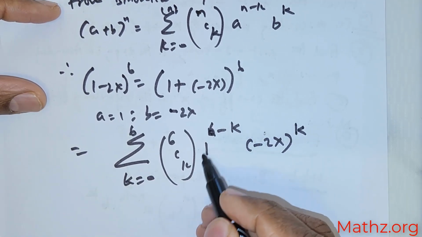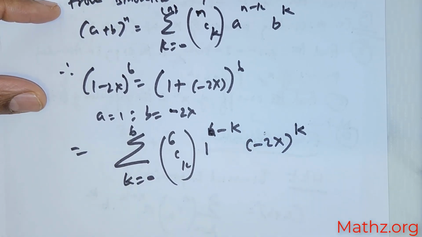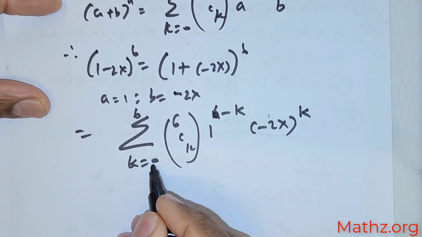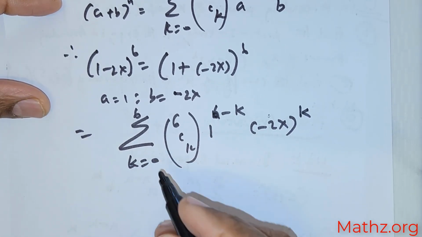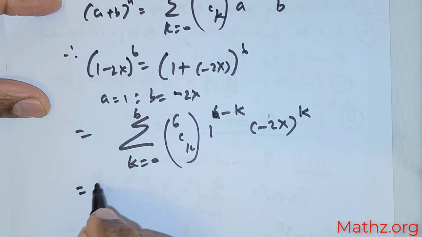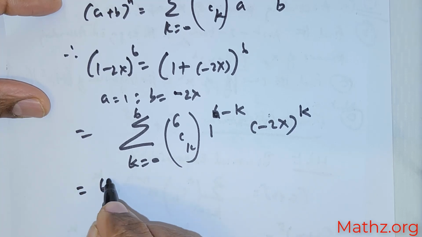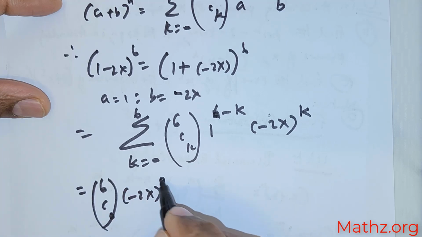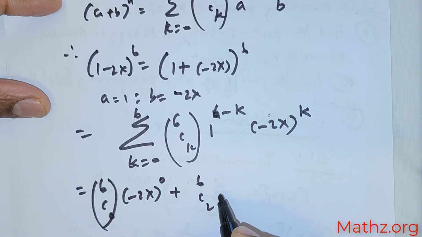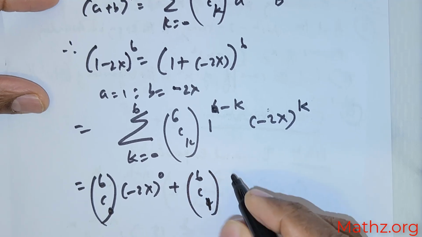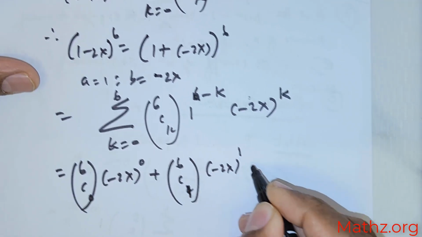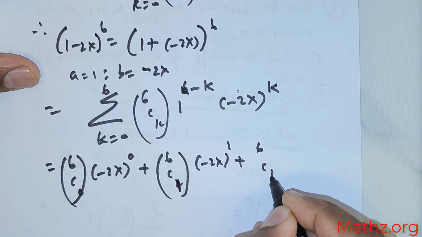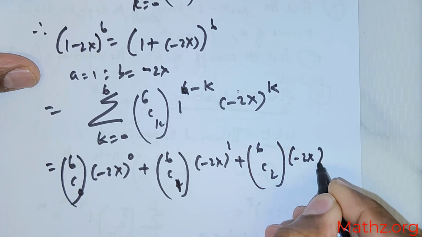If I run k from 0 to 1 and 2, this gives me 6C0 multiplied with (-2x) raised to the power of 0, plus 6C1 times (-2x) raised to the power of 1, plus 6C2 times (-2x) raised to the power of 2.